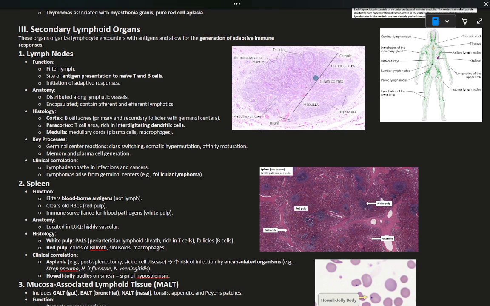You see a tissue sample like this, think about lymph nodes.